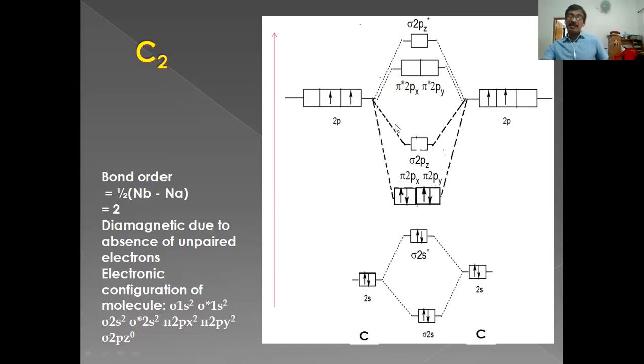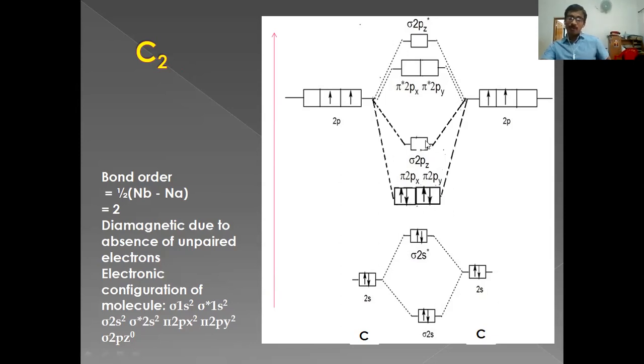Already we mentioned the increasing order of energy of molecular orbitals for molecules up to nitrogen, N2. And in the case of p orbital, the lower energy is for pi 2px and pi 2py. Both of them are having same energy. Pi 2px and pi 2py, lower in energy.